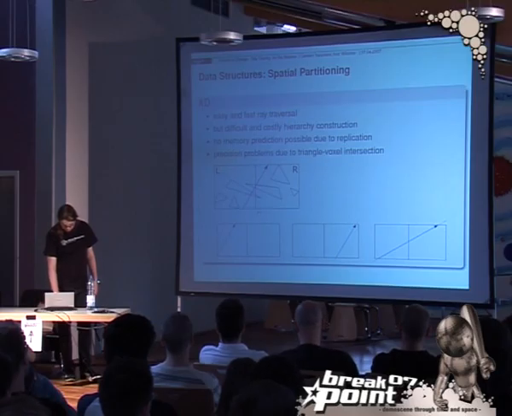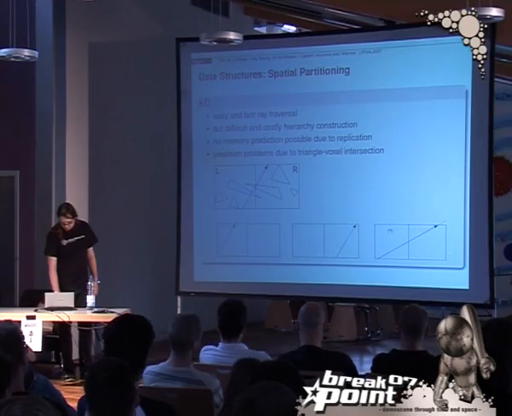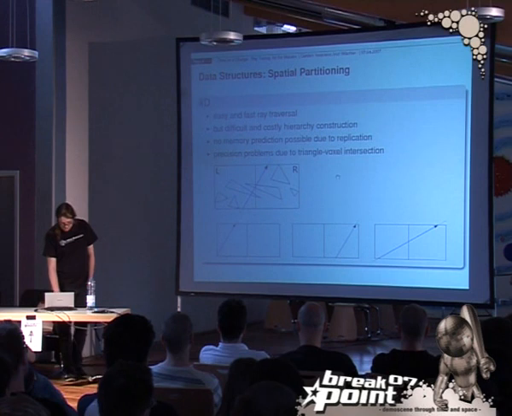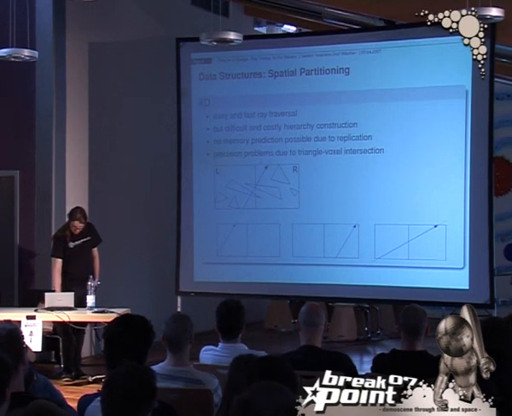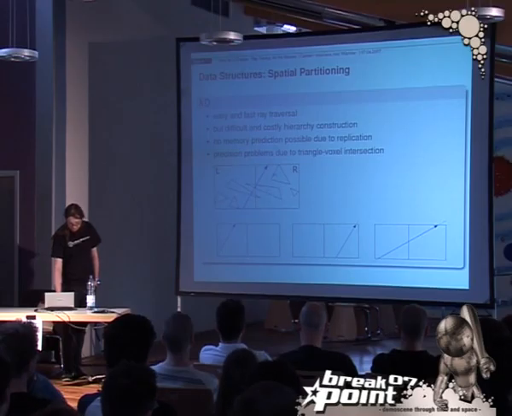You pick a split plane, look which are left, which are right, and if you traverse the tree later on, you have to distinguish three cases: just going left, just going right, or going through both. And then there's also the ray direction, whether you have to visit the left first, or the right first, or the other way around. So pretty easy. But as you already see here, these two triangles will go into both sides. So if you construct a tree, they are replicated.